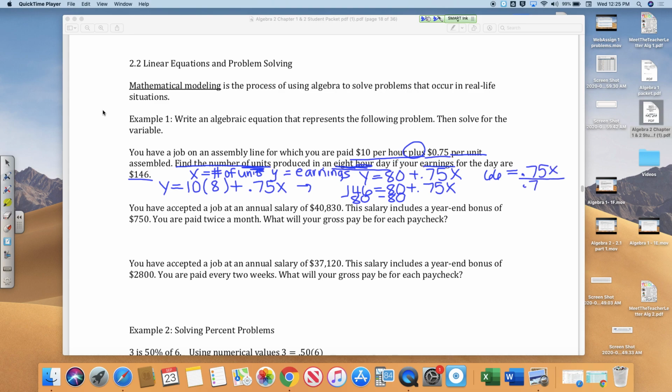To get rid of the 0.75, I divide both sides by 0.75, and 66 by 0.75 is 88. All right, so I have my answer as 88. When you have a word problem, it's important to also write what your answer represents. So in this problem, I'll change my color to green. We produce 88 units.